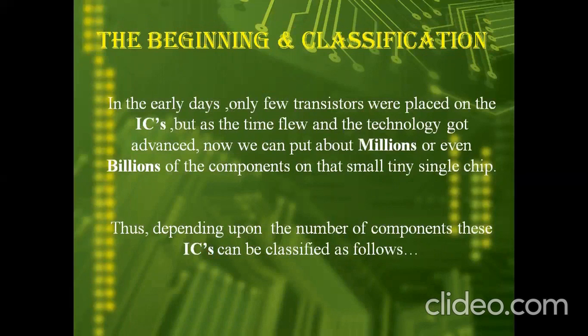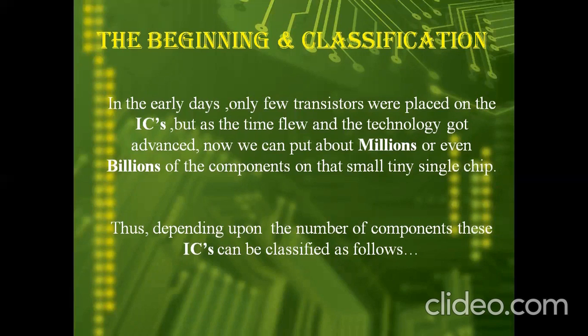How are they classified? In the early days, only a few transistors were placed on the IC. If you consider a normal processor, the number of transistors used in the processor is increasing. When the number of transistors increases, the speed of the processor will increase.